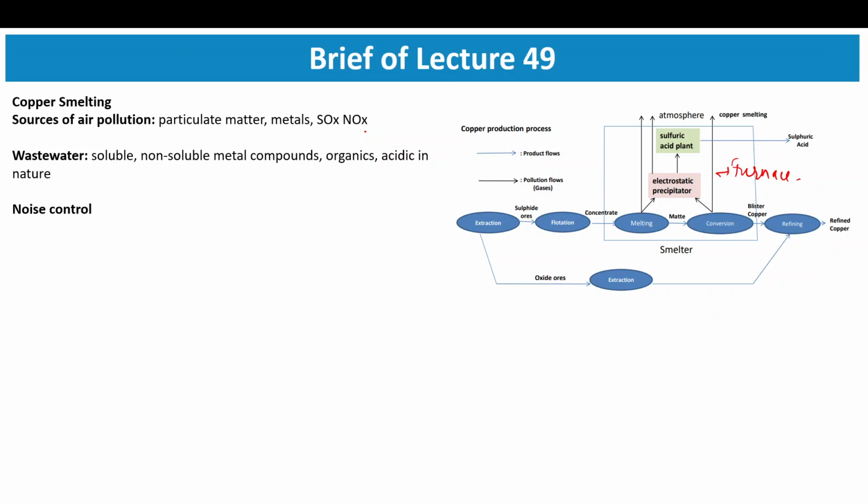There will be SOx, NOx produced, right? And wastewater, since it is a metal industry, will have soluble, insoluble, various sorts of metal compounds. And also, obviously, there will be organics, and the wastewater will be acidic in nature. So, such wastewater needs to be taken care of.